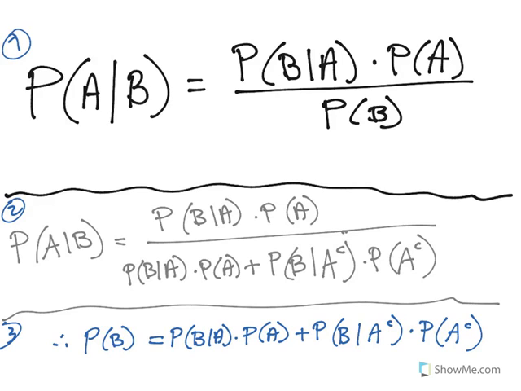Now, number 2 is the same formula. You'll notice the numerators are identical: probability of B given A times probability of A. It's the denominators that are different. But, as you see in number 3, the probability of B, the denominator in 1, equals the denominator in number 2. You might say, why would I ever use the second one when it's so much more complicated?